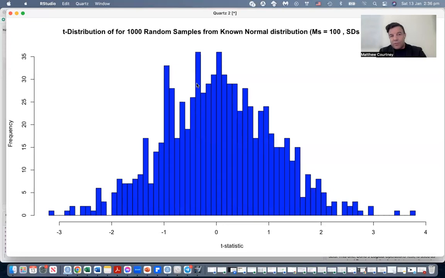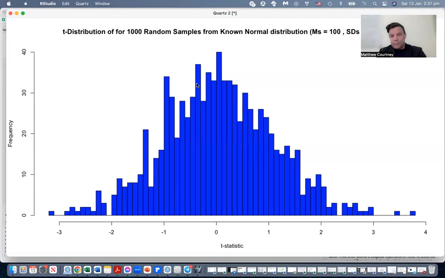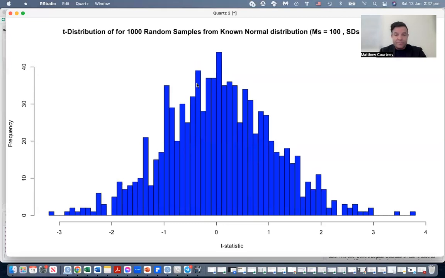As I said, you can fast forward. So we're starting to approach a type of smooth distribution, but it's still a little bit disjointed.